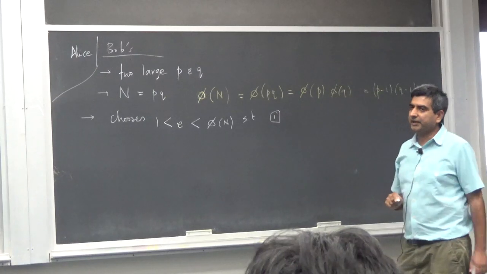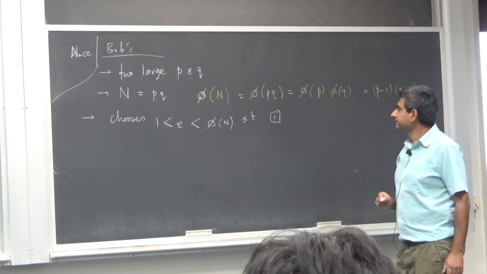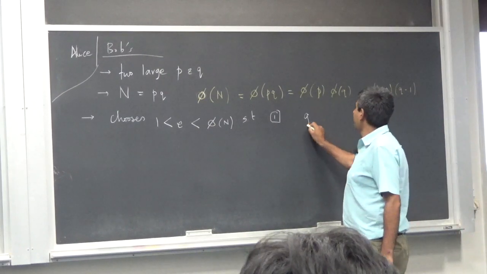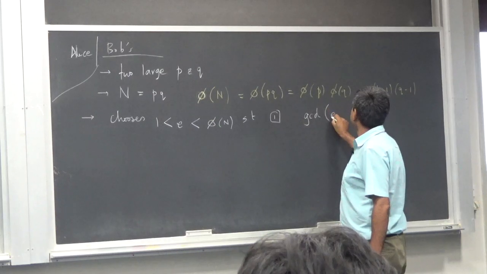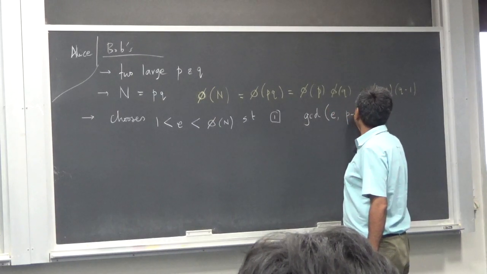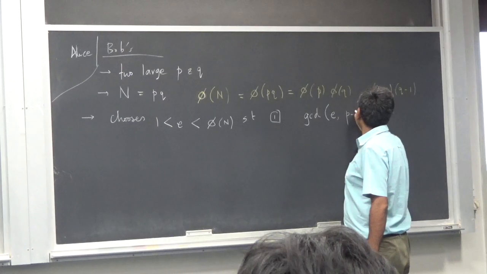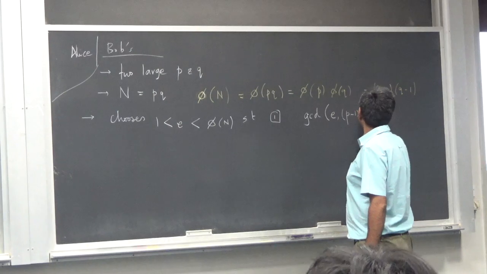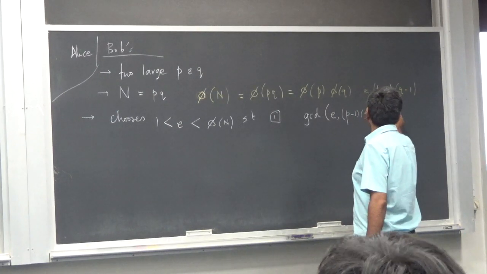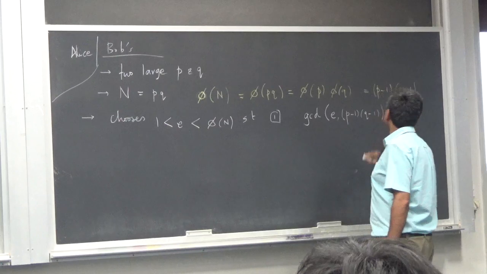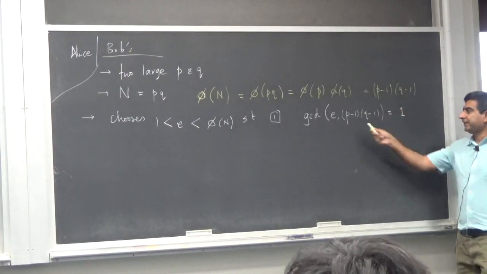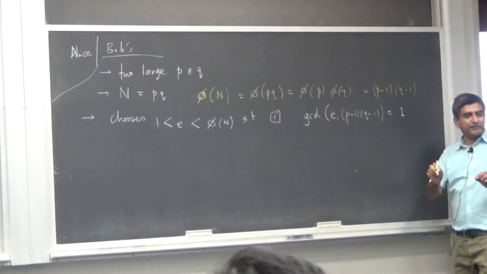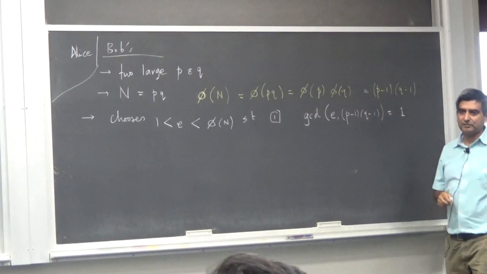The first property is that E is co-prime with phi n. That is, E and phi n do not have any common divisors besides 1.